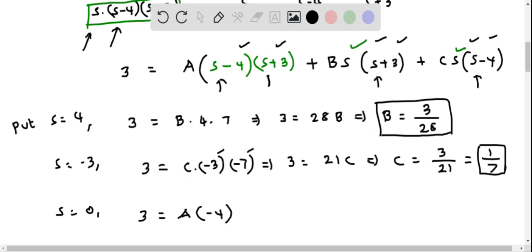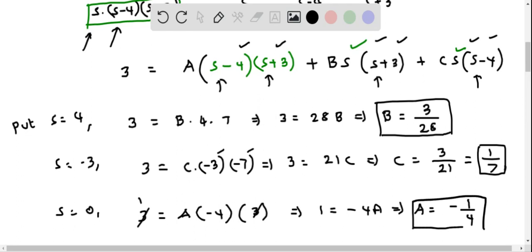We also put s equal to 0 here, it will be 0 plus 3 equals 3. And so we can divide both sides by 3. So we get 1 here. So 1 equals negative 4A. And so solving for A, we get A equals negative 1/4.